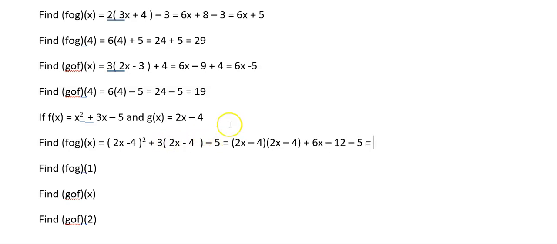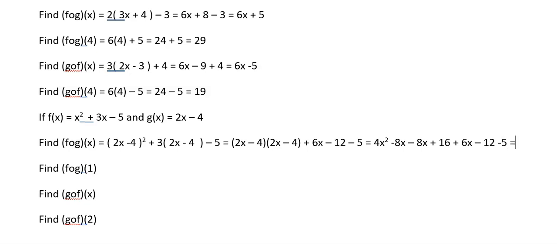Now, let's FOIL out the 2x minus 4. 2x times 2x is 4x squared. 2x times negative 4 is negative 8x. Negative 4 times 2x is negative 8x. And negative 4 times negative 4 is positive 16.